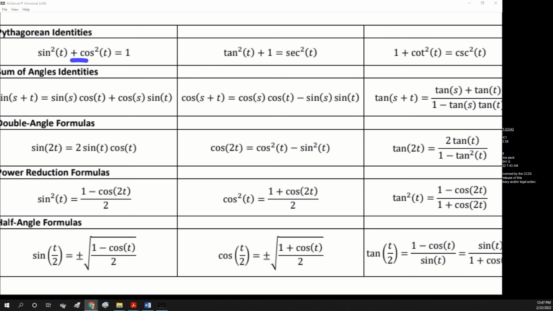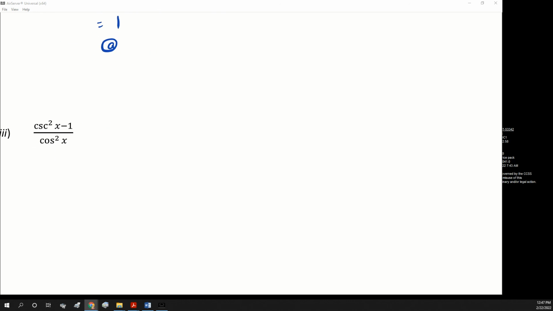So I don't have an identity that exactly says that, but do I have one that has a cosecant squared? Yes, so we're going to use this one. So I'm going to come down and write it over on the side. So 1 plus cotangent squared of t equals cosecant squared of t.